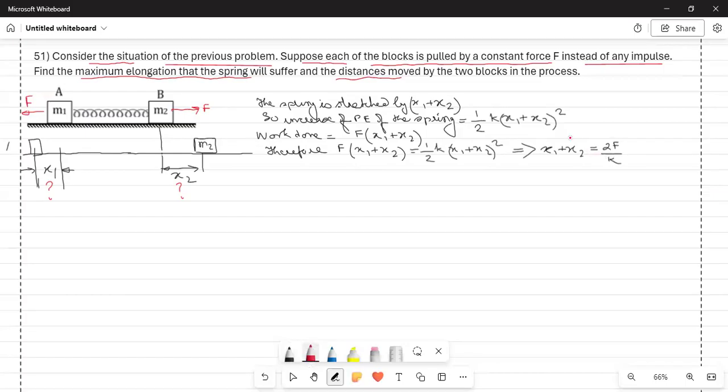This is one relation that we shall need. Let's say this is relation 1. And to find out the values of x1 and x2, I need another relation. That relation is very simple. What is the momentum of M1?